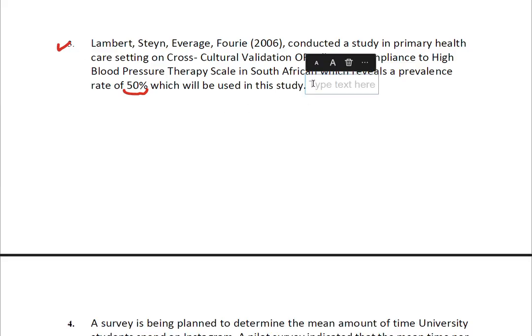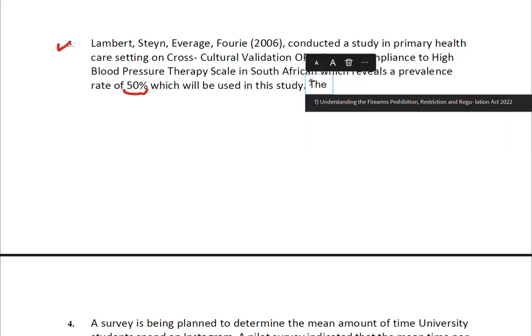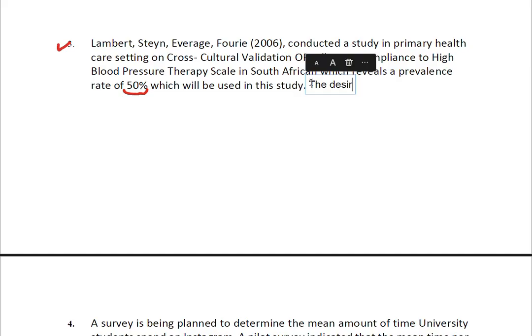We're going to say here that the desired margin of error is 5%, and the level of confidence of the estimate is 99%.